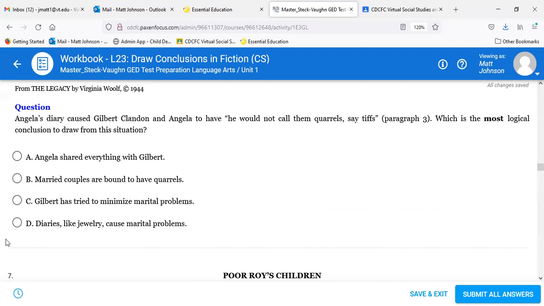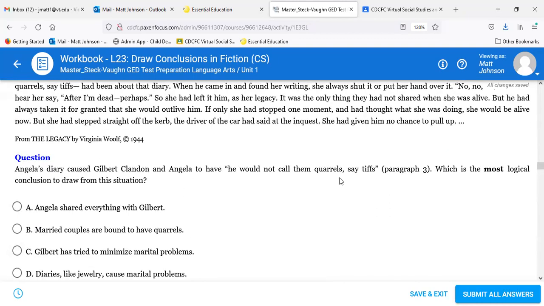Okay. Number 6. Angela's diary calls Gilbert Clarendon.